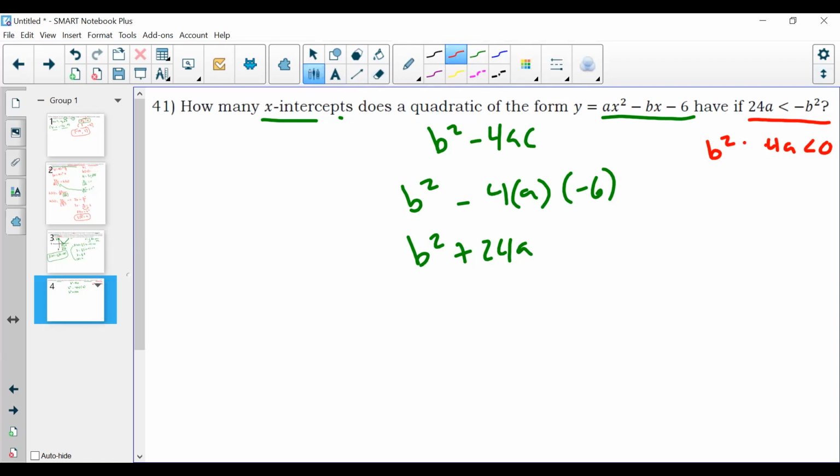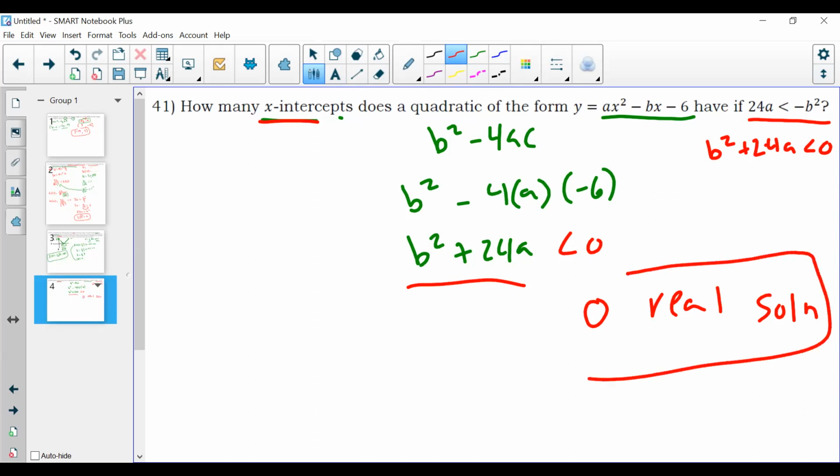That matches the discriminant, so my discriminant is less than 0. If my discriminant is less than 0, I have 0 real solutions, or in other words, 0 x-intercepts. I have 2 non-real solutions, but non-real solutions aren't x-intercepts. So that's why you have 0 real solutions, and I'm pretty sure that's what it says on the key.